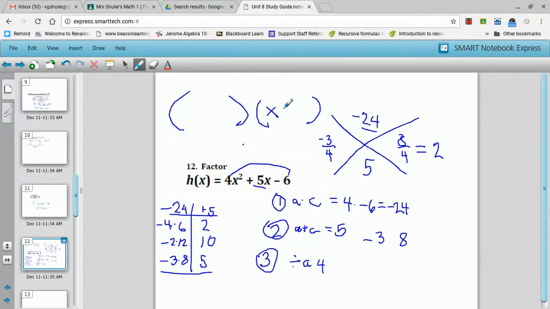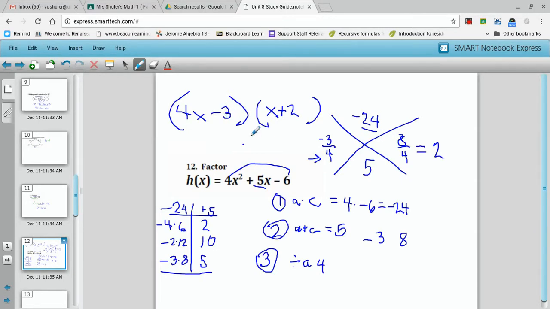X plus 2. But we have a fraction on the other side. Remember, the number on the bottom, which is our 4, goes to the front. So it'll be 4x. The number on the top goes to the back. How about a minus 3?